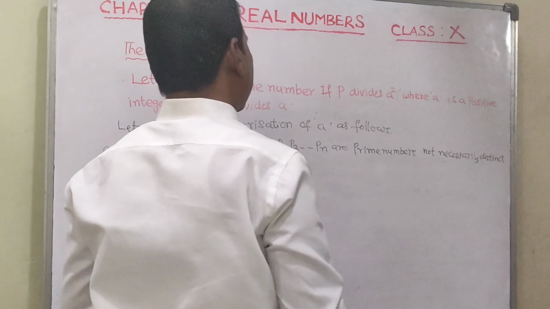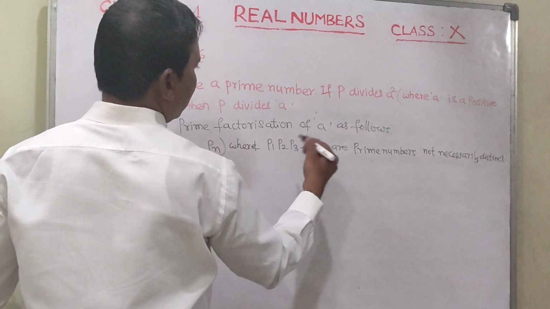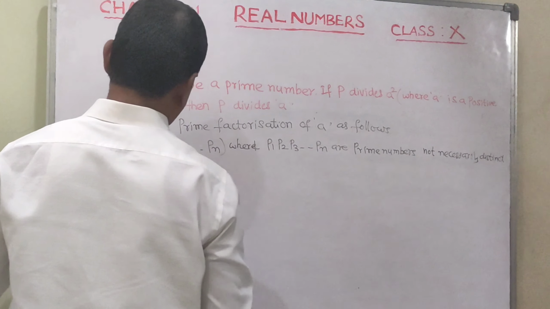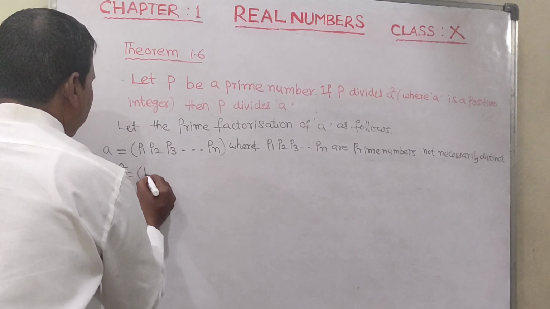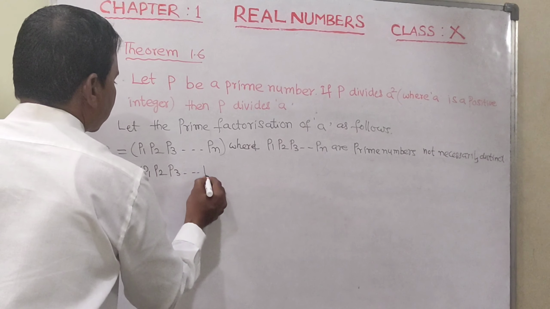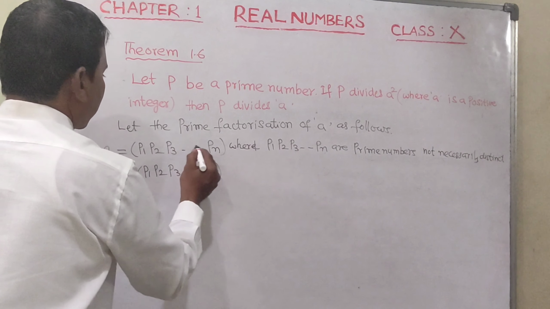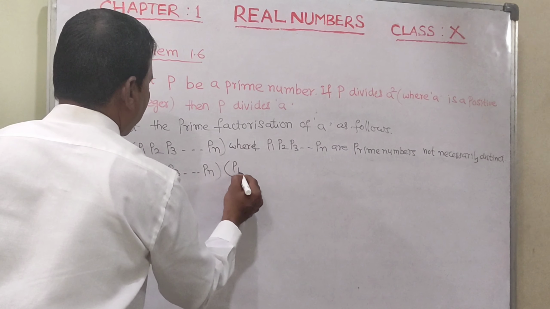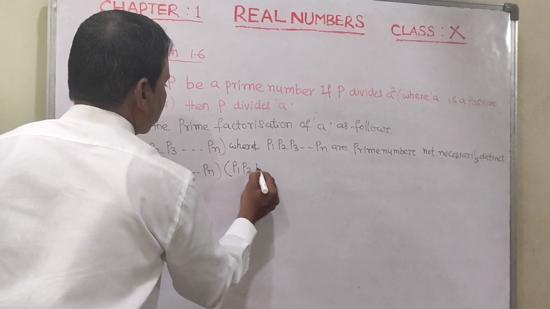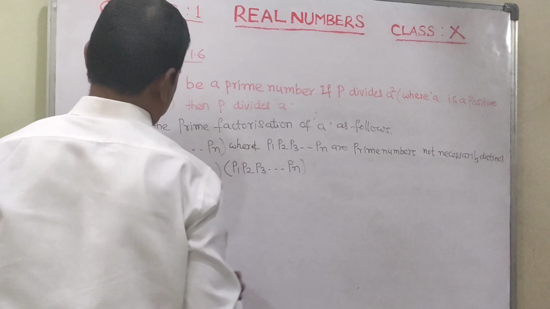Distinct means different; these prime numbers are not necessarily different. Now a square is a into a, so the product p1, p2, p3, up to pn is repeated again.